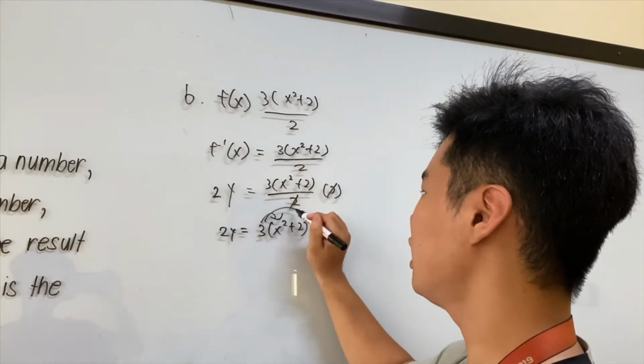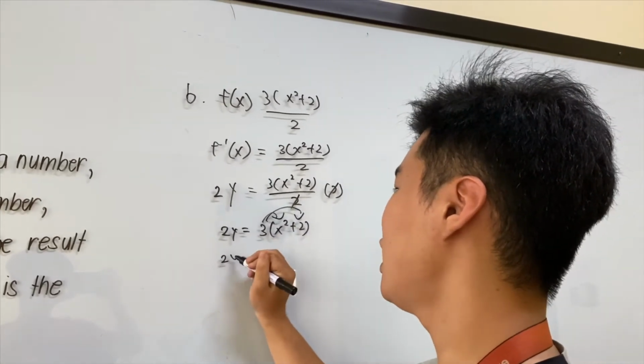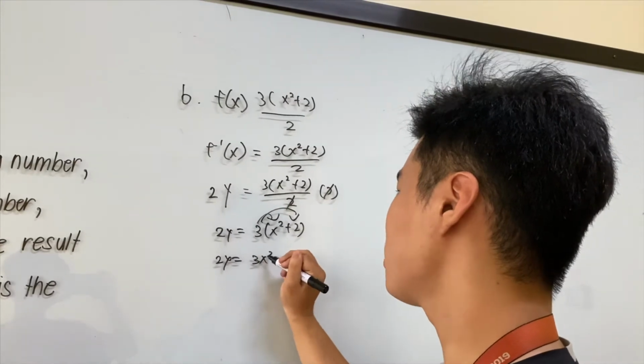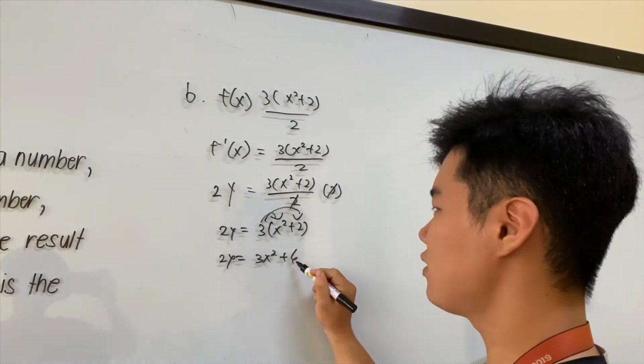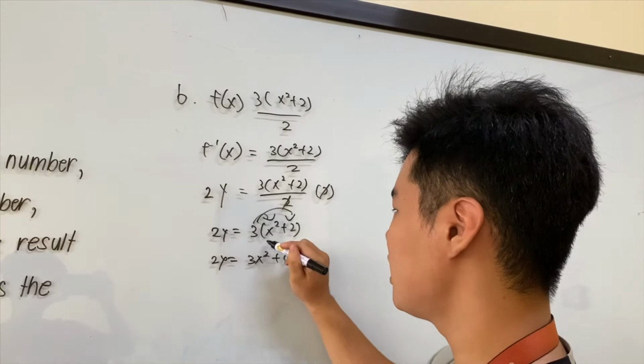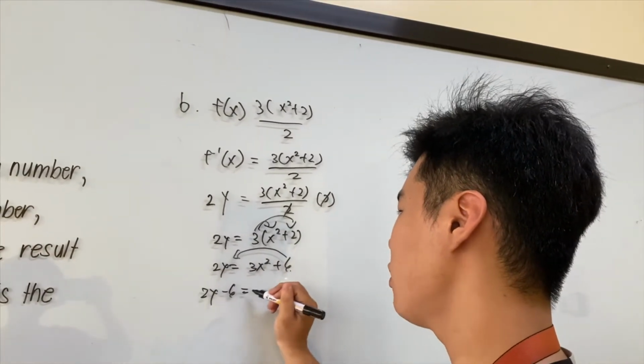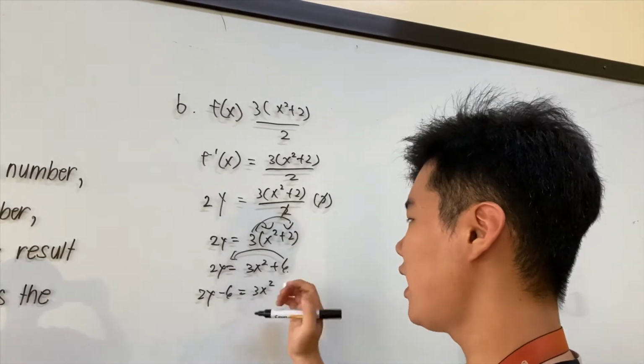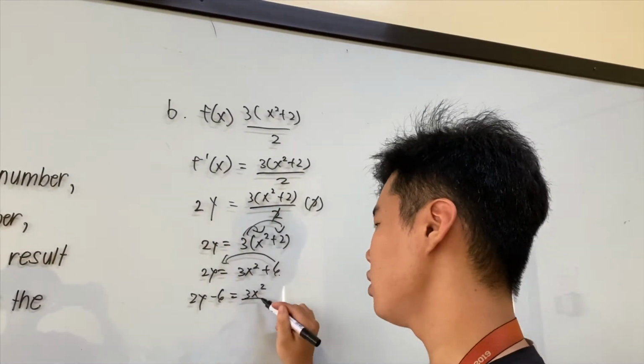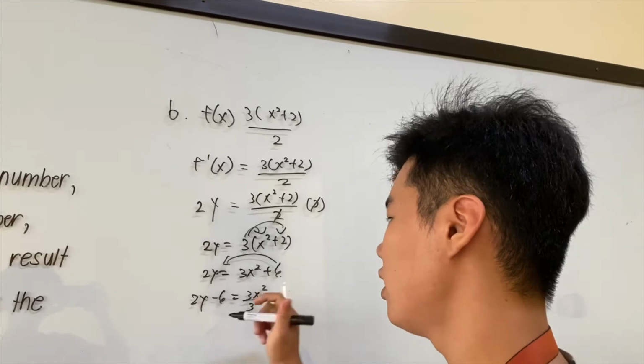Distribute 3 to both numbers. 2y equals 3x squared plus 6. Transfer 6 to the opposite side, so it becomes 2y minus 6 equals 3x squared. Divide both sides by 3, so you will have x squared.